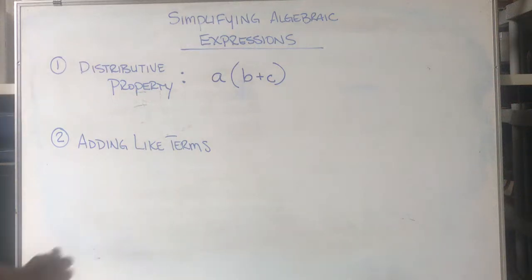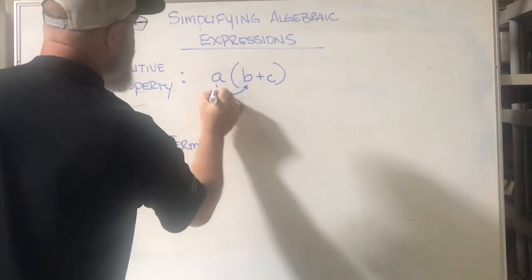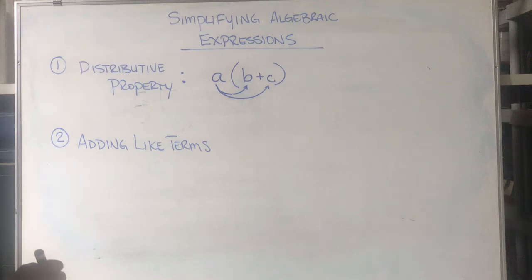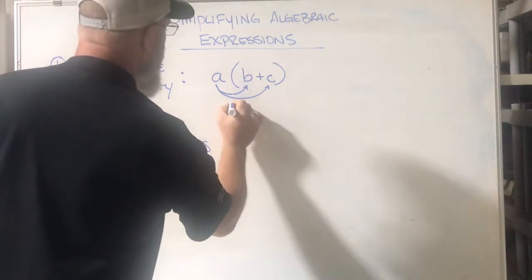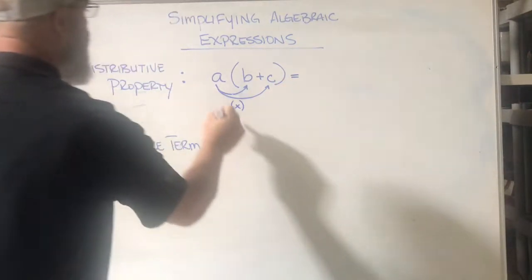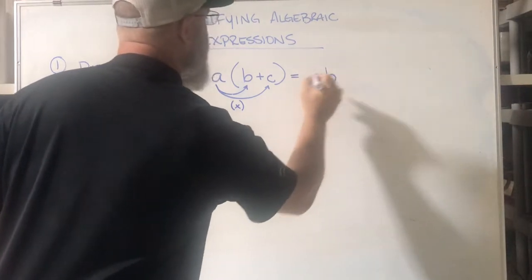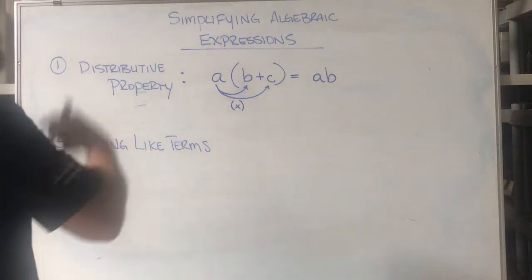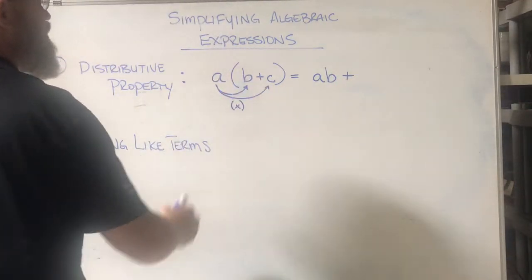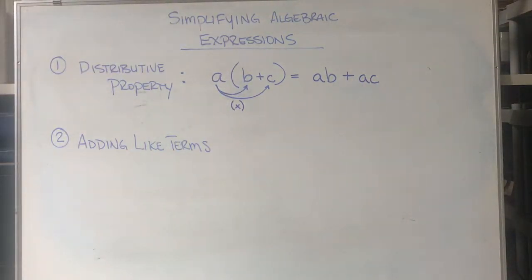The distributive property says that I can distribute this A by multiplying to B and to C. So that is going to equal A times B, which is expressed algebraically as AB, plus A times C, which is expressed as AC.